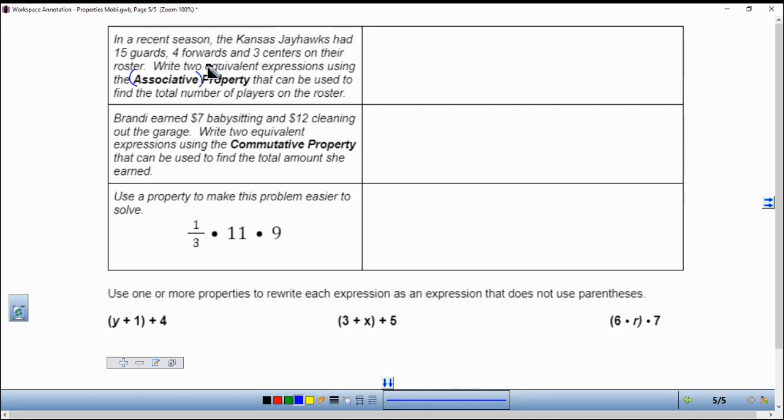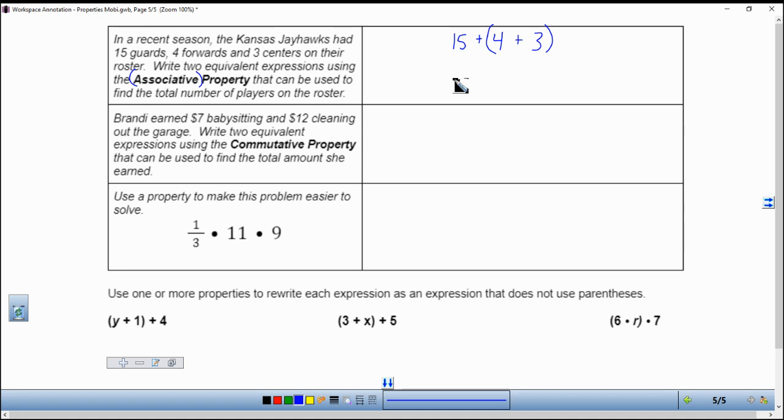All right, so we want to find the total number of players. So we'd probably add those up, right? 15 plus 4 plus 3. Now we want to use the associative property. So we're going to group these numbers in a certain order. Let's group 4 plus 3, okay? Now we're going to write an equivalent expression that has the same value using that property.